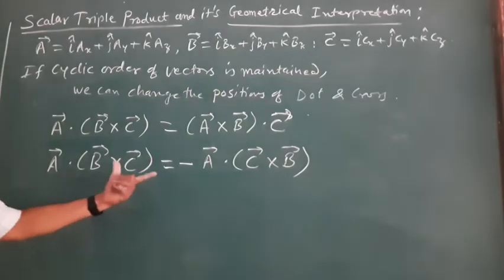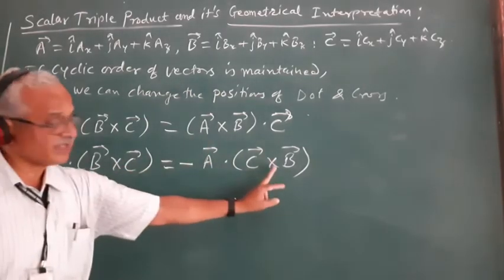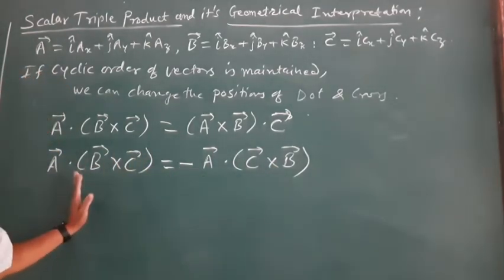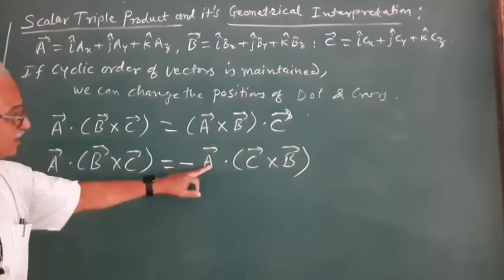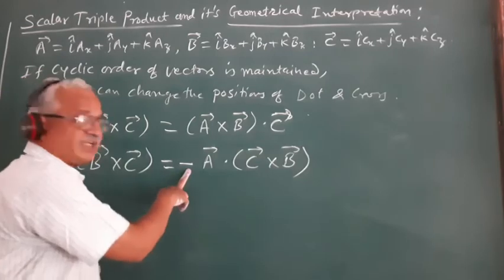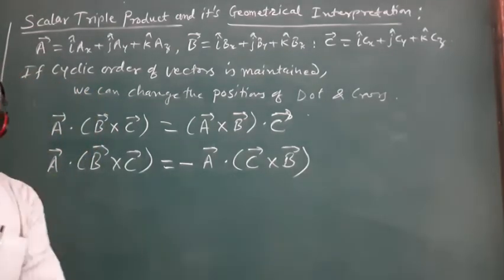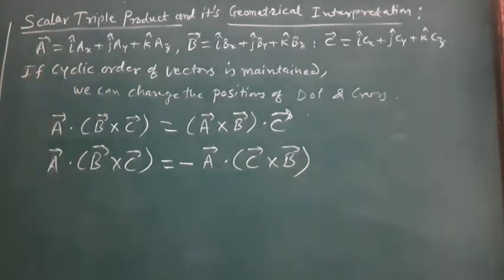Here we observe that the order of the vectors in the parenthesis is reversed. So whenever the order of the vectors is not maintained, the sign of the scalar product gets reversed, changing from plus to minus or from minus to plus.